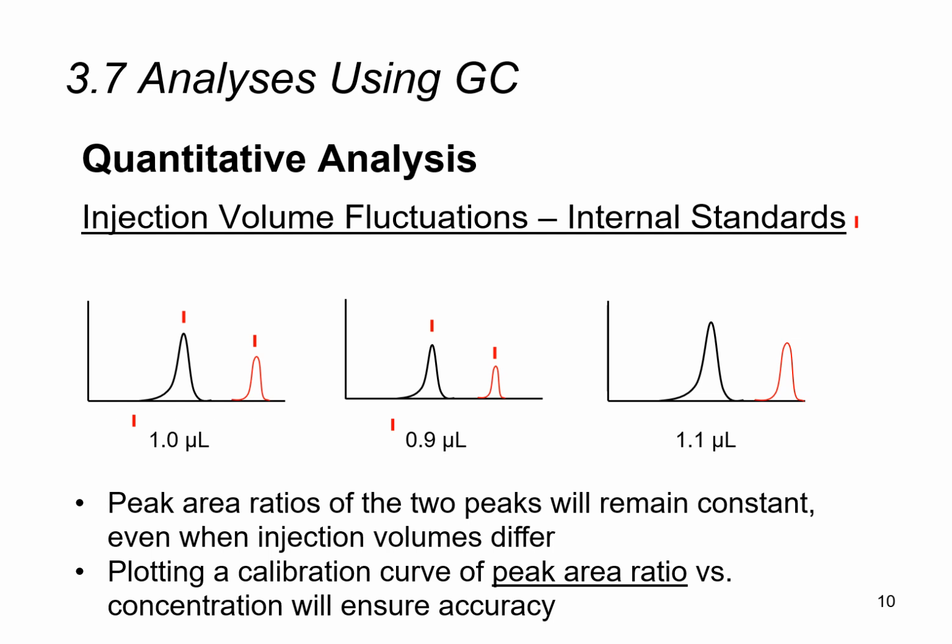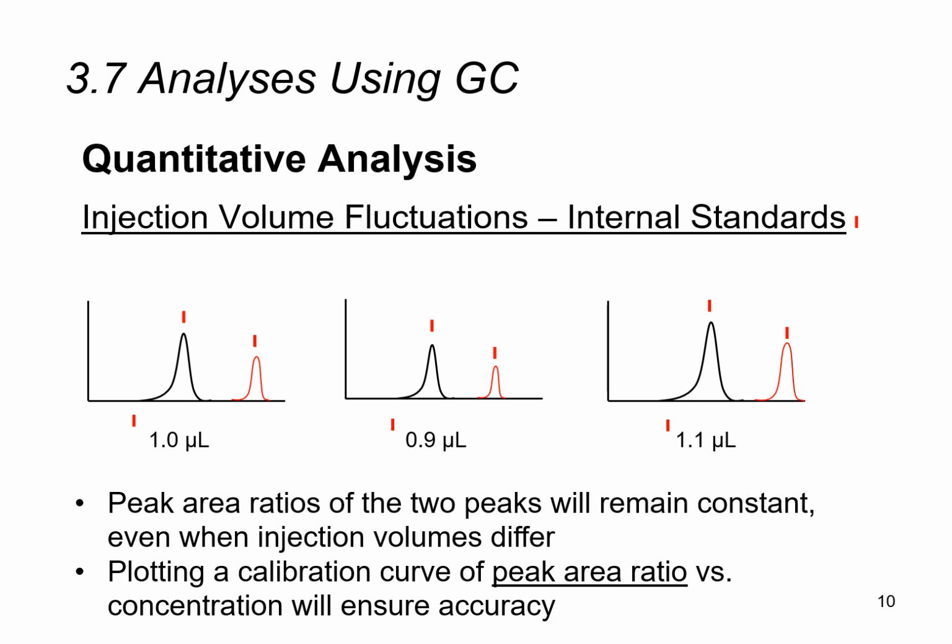In the third injection, where I accidentally inject a little bit more, the ethanol peak and the propanol peak both increase in size. But the key is that throughout these 3 injections, the ratio between the size of these 2 peaks remains the same, because they both increase and decrease based on the injection volumes by the same relative amount.